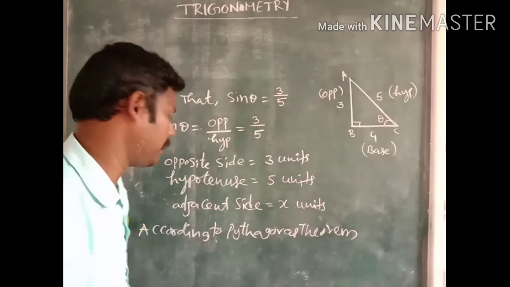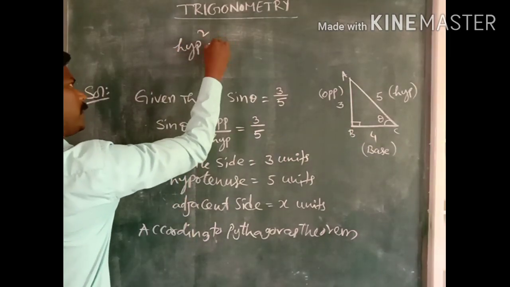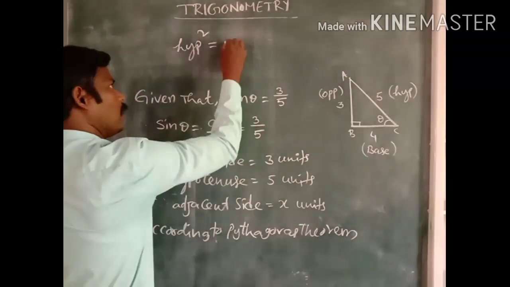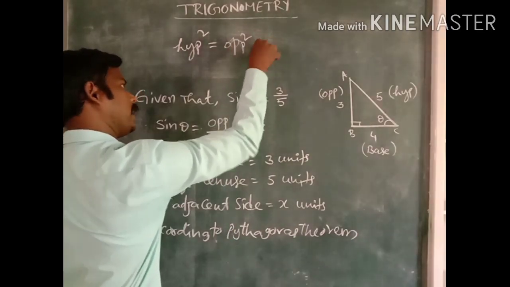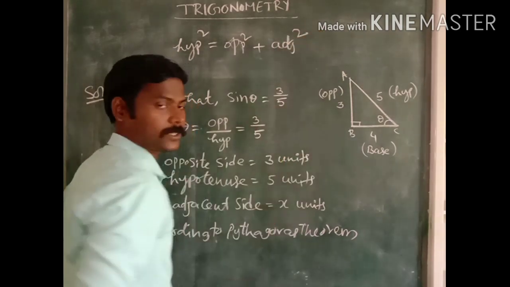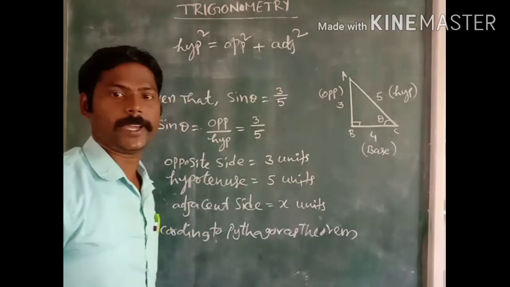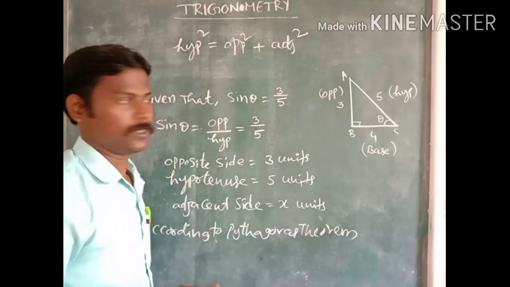What is the Pythagoras theorem? Hypotenuse square equal to opposite square plus adjacent side square. This is also called perpendicular square plus base square.